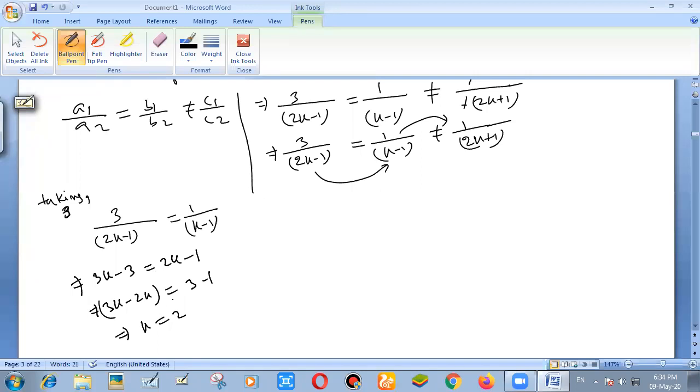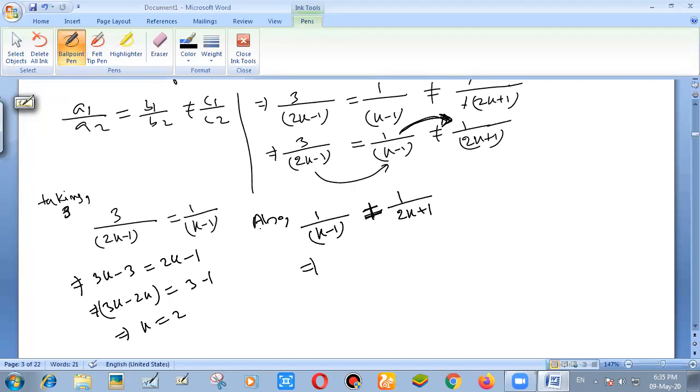Yes or no? Now again take this pair. Write down 1 by k minus 1 does not equal to 1 by 2k plus 1. Now see, this does not equal to this.